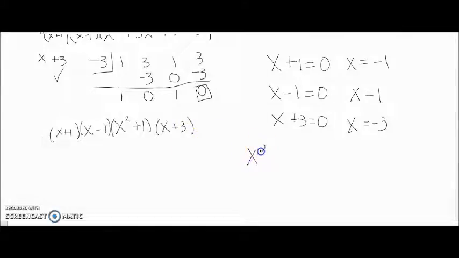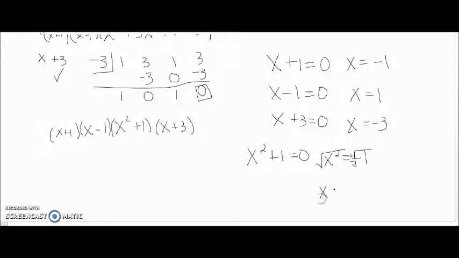X squared plus 1 is 0. If I subtract 1 on both sides, I get x squared is -1. How do I get rid of this square? Well, I take the square root. Do that to both sides, except now this thing has to be positive or negative.